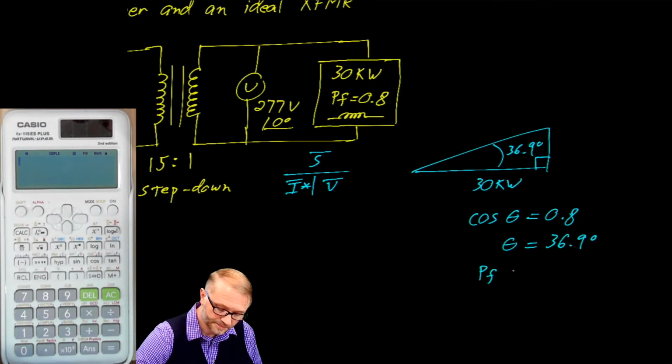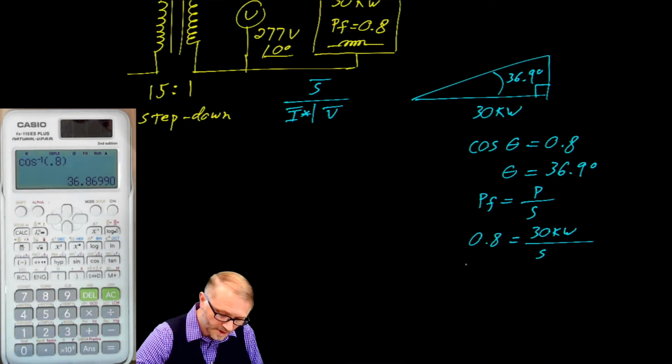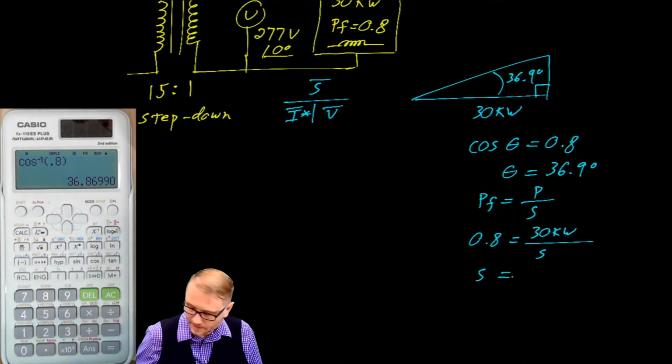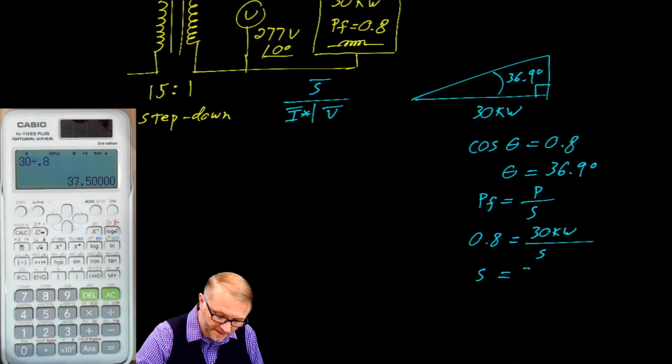Power factor is equal to the ratio of real power to apparent power. 0.8 is equal to 30 kW over S. Solving for S, that's 30 divided by 0.8 gives us 37.5, and that's kVA.